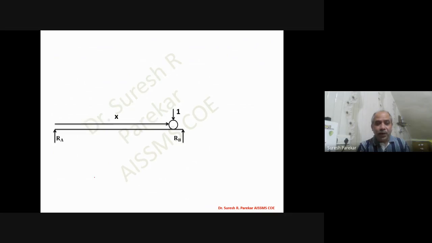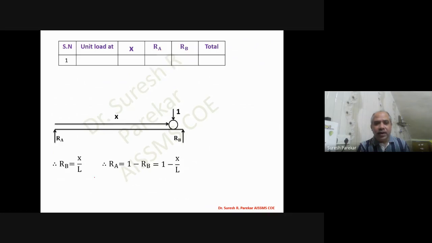Now we put this unit load, knowing RB is x by L and RA is 1 minus x by L. You can see we have the unit load at A. When the unit load is at A, we have x equal to 0. If I put x equal to 0 in the equation for RB, I get RB equal to 0.